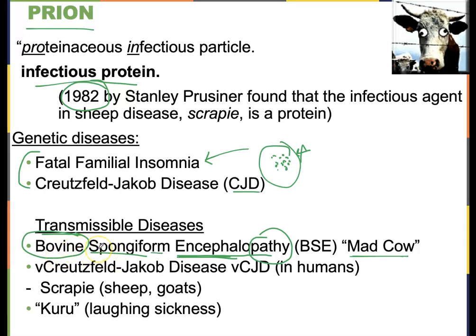So if a person were to eat some of this misshapen protein from a cow, then the human would get variant Creutzfeldt-Jakob disease. So the little v, so notice that Creutzfeldt-Jakob is also a genetic disease, but the variant of it is because you ate some meat contaminated with that prion. So this was a big issue.